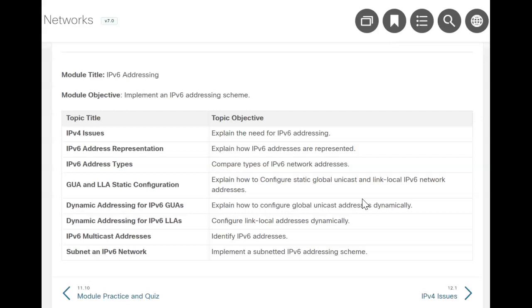Then we'll look at some of the dynamic addressing for the global unicast and then link local. And then, of course, as we had with IPv4, there is multicast. There are some routing protocols that need to share information back and forth, which you'll need multicast for. And then, of course, the last but probably the easiest thing to do is how to subnet in an IPv6 environment.